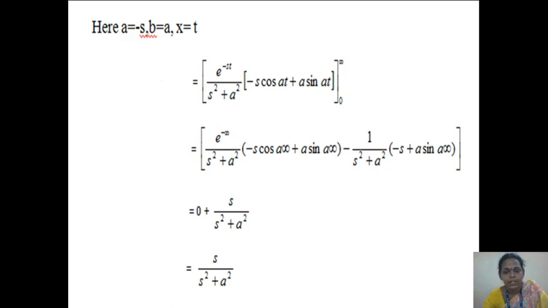Next, substituting the lower limit 0, e power 0 value is 1, that is 1 divided by s square plus a square into (minus s into cos 0 value 1, plus a sin 0). That is minus s into minus 1, which is equal to s divided by s square plus a square.